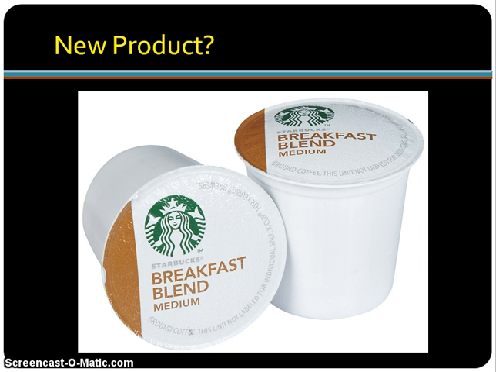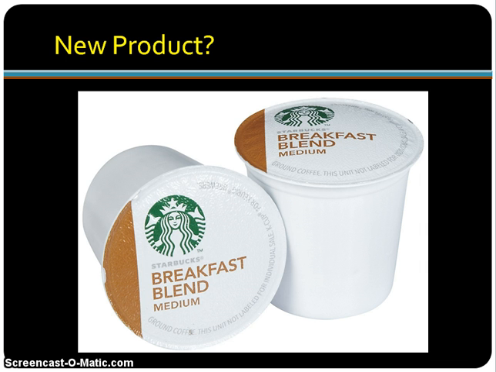Look at this next example. I hope everyone knows what this is. It's a K-cup that's used in a Keurig machine. We looked at when we did the topic on segmentation on how the Keurig company has segmented the coffee brewing at home market based on usage rate. So these are K-cups that are used in a Keurig machine. Again, think about what kind of a new product is this?